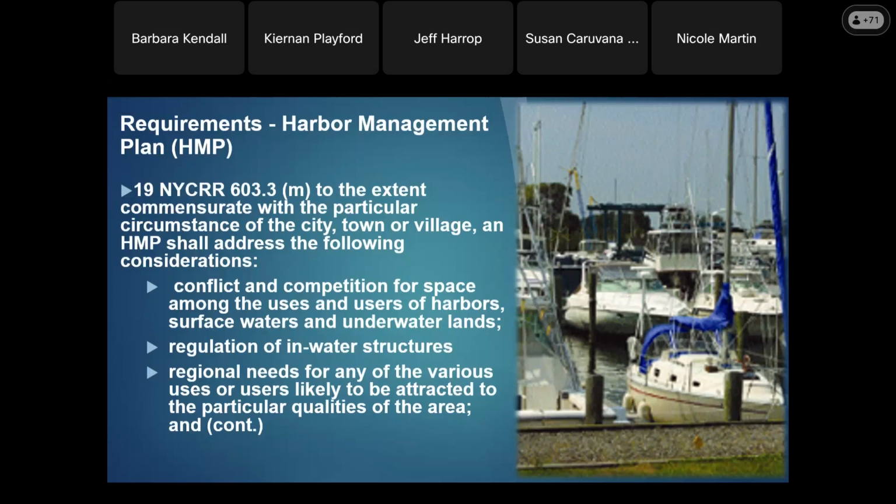As Lisa mentioned, section 5 goes into more depth about your local laws, and section 2 lists them and just gives a brief summary of that local law. Then the analysis describes the issues of intensity and conflicts of use, impacts on natural resources in the waterfront, and as we already mentioned, regional needs for your harbor or waterfront area.